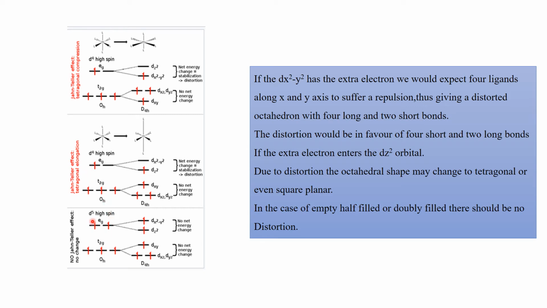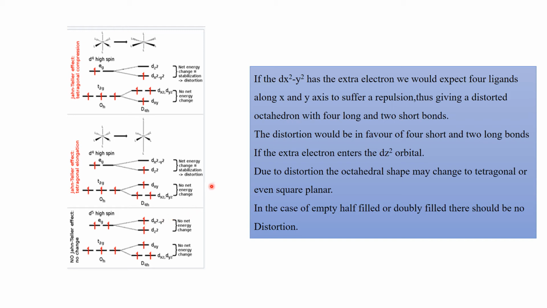And in the final case, that is a d5 high spin, the Eg level contains 2 electrons. That is, in the dz square 1 electron, dx square minus y square also contains 1 electron. So there is no net energy change. That is, there is no Jahn-Teller effect.